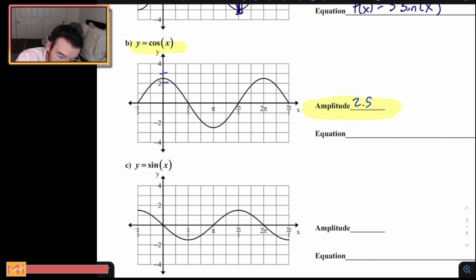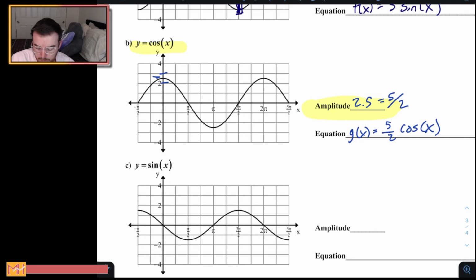Here's 2, here's 3, somewhere in the middle, 2.5, or you could write it as 5 halves. So our equation would look something like that. Did it flip? No, because it's starting out positive. It wouldn't start positive if it was flipped. Okay, it would start in the negatives.